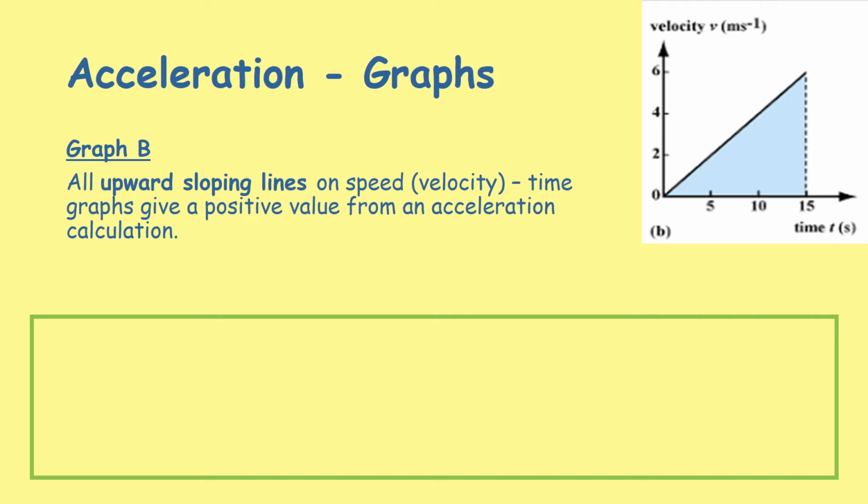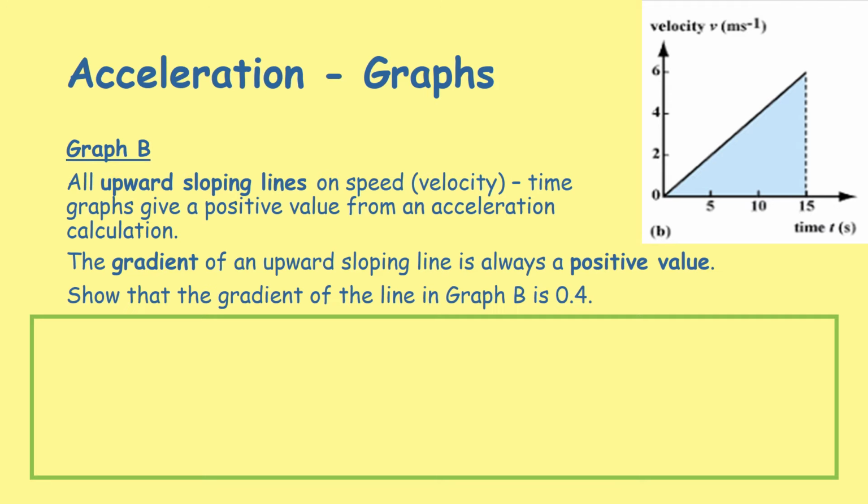Graph B. All upward sloping lines on a speed or velocity time graph give a positive value from an acceleration calculation. The gradient of an upward sloping line is always a positive value, and what we want to do is show that the gradient of the line in graph B is 0.4. To do this, we want to show that the acceleration is 0.4, as the gradient and the acceleration are the same. So we want to work out the acceleration.